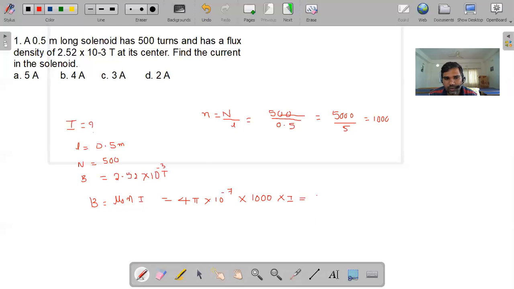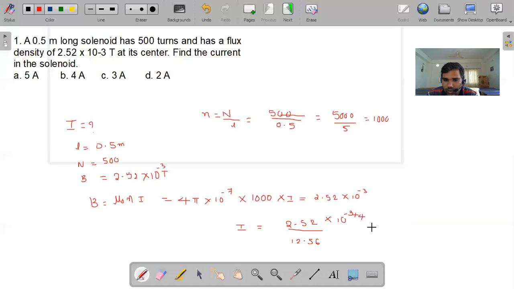If you simplify this, I is equal to 2.52 divided by, when you multiply 4 into 3.14, you get 12.56, then 1000, that is 10 power 3, and 10 power minus 7, that will become 10 power minus 4 in the denominator, then it becomes 10 power minus 3 plus 4.